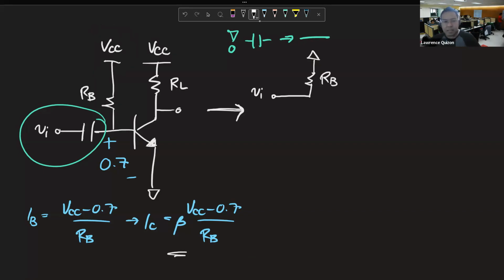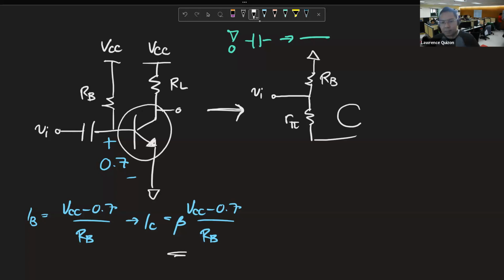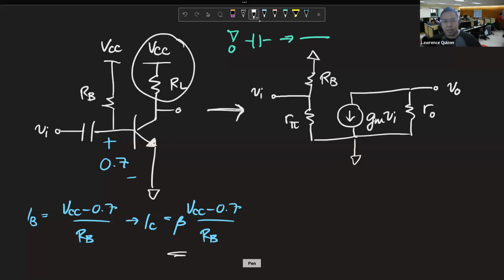All right. Tapos, we enter the transistor. So we make the transistor here. That's R pi. That's gm V in. And this is R out. That's V out. And now we make this portion of the circuit.